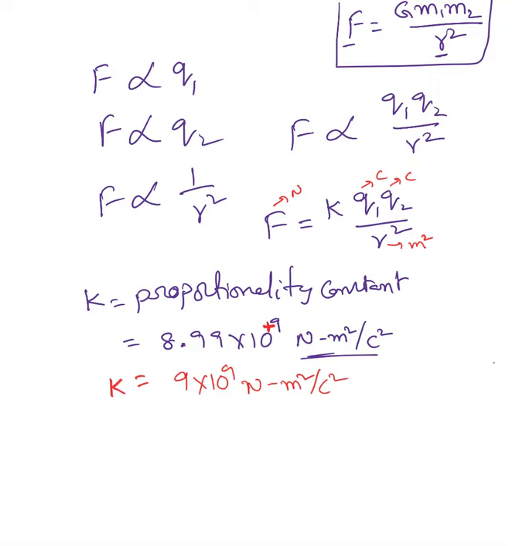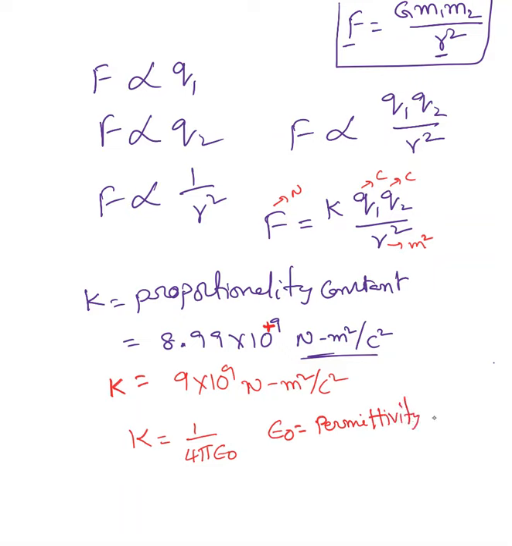Now, there is another formula: k equals 1 over 4 pi epsilon naught. This epsilon naught is called the permittivity of free space. We're going to use this a lot in the electricity part, and when it comes to the magnetism part, we'll use mu naught.